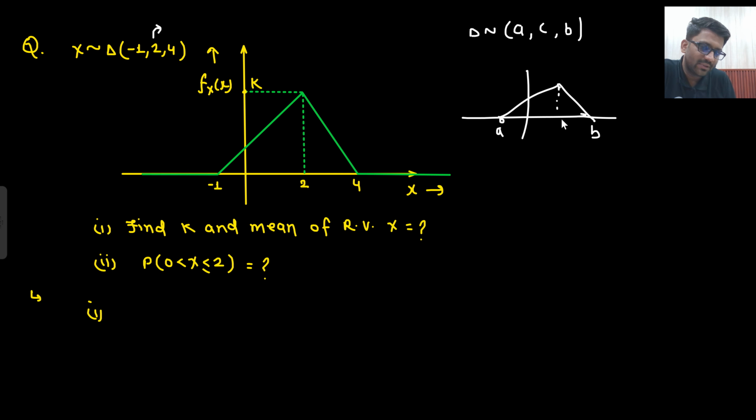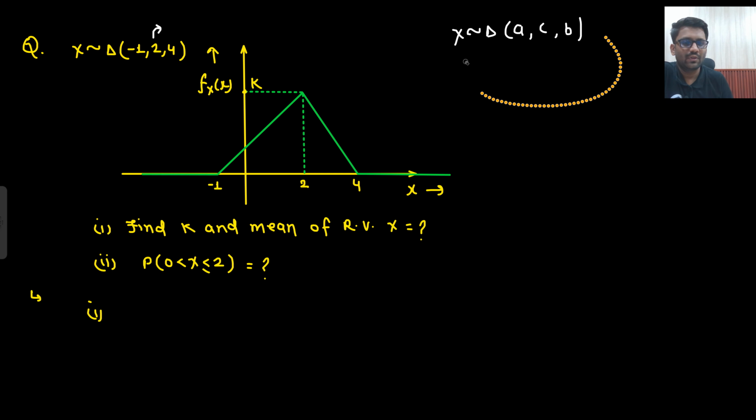That means you have maximum amplitude at C. This is not the midpoint. This is the maximum amplitude point. So it will be a triangular distribution from A to B, and at C you will have the maximum amplitude. All okay for you? Okay.